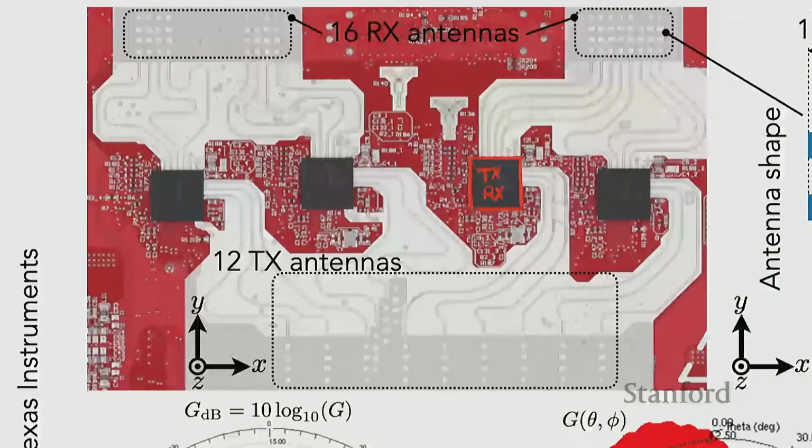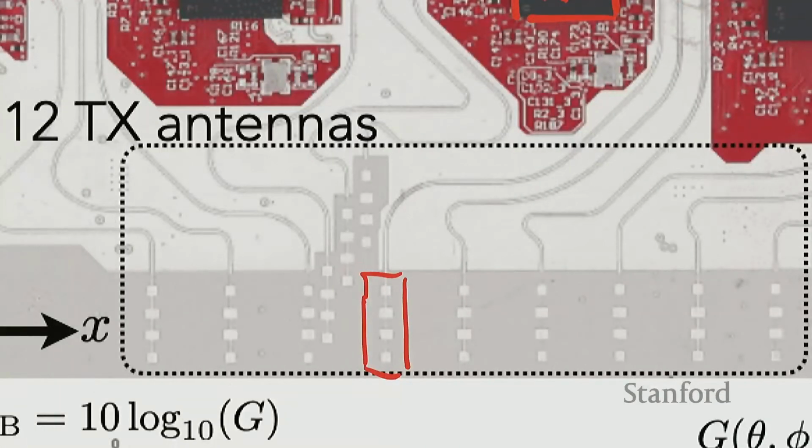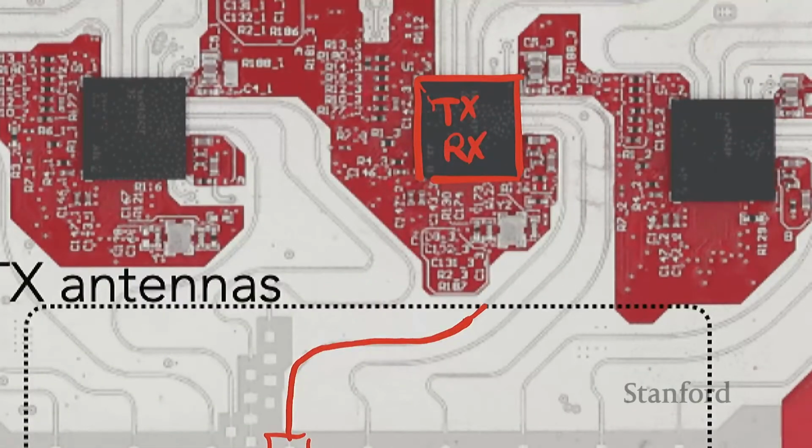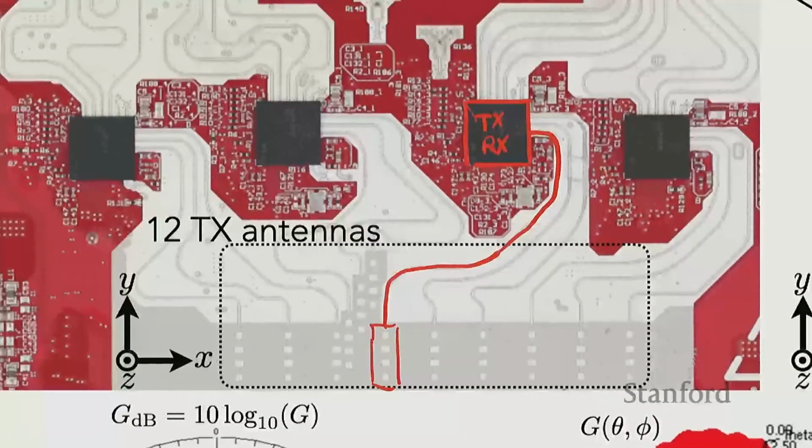And then on the PCB, you have the microstrip antenna. Each of these interesting looking patterns with 4 squarish patches on it is an antenna. And the antenna is being fed. You see that trace on the PCB that is coming from the IC, and that's one of your transmit traces. As you see, each of these has 3 transmitters coming out and 1, 2, 3, 4 receivers coming out.